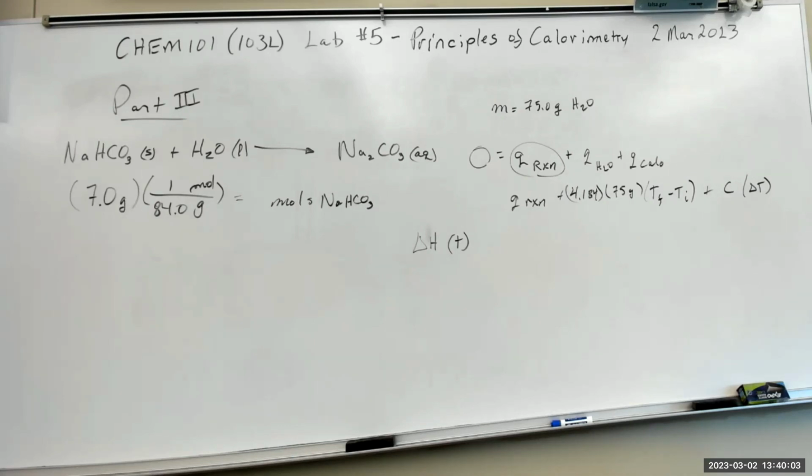I'm looking for the question. Design your own hot pack. If the desired temperature of the hot pack is 50 degrees Celsius, and you're starting at 20 degrees. So there's your final temperature, and your initial temperature is 20, your final temperature is 50. That gives you that part of the equation.